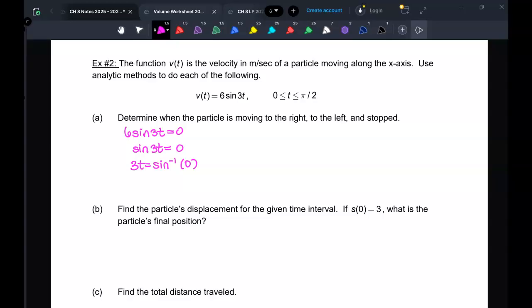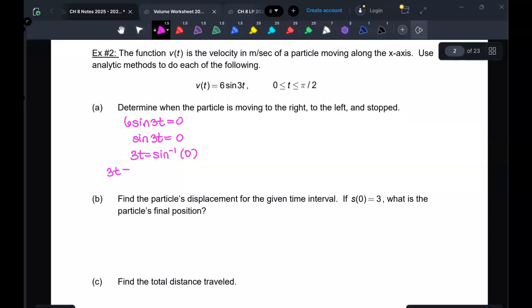So 3t equals 0. Where else? Pi. That's going to be it, because if I put 2 pi, I'll get 2 pi over 3, and that's not in our domain. So when t equals 0 and pi over 3, I'll just kind of draw an arrow. That's where it stopped.